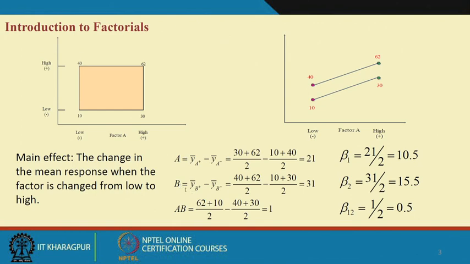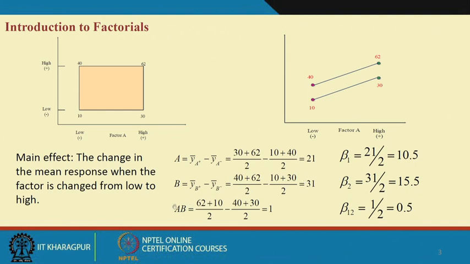For the B effect, when B is at high, the average will be (62 plus 40) by 2. When B is at low, the average will be (30 plus 10) by 2. Ultimately the difference is 31. It indicates that when you change B from minus 1 to plus 1, or low to high, the change in y will be 31 units.